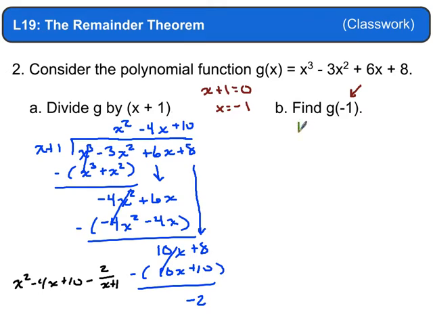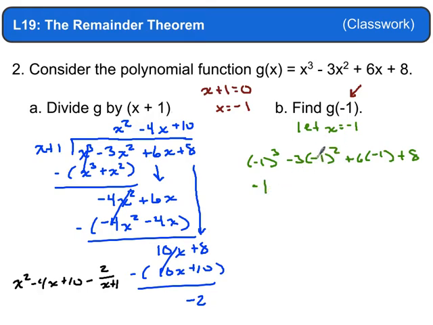So remember, we're saying let x equal negative 1. So we do negative 1 to the third power minus 3 times negative 1 squared plus 6 times negative 1 and then plus 8. So negative 1 to the third power is negative 1.